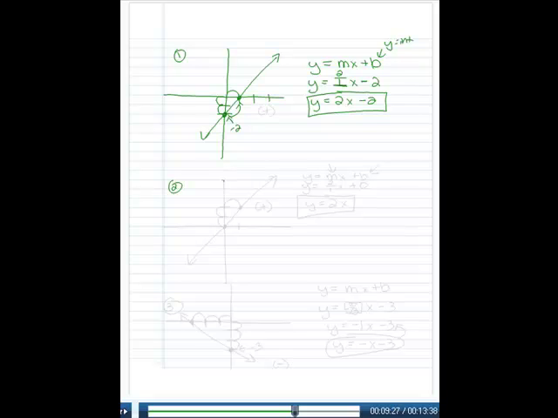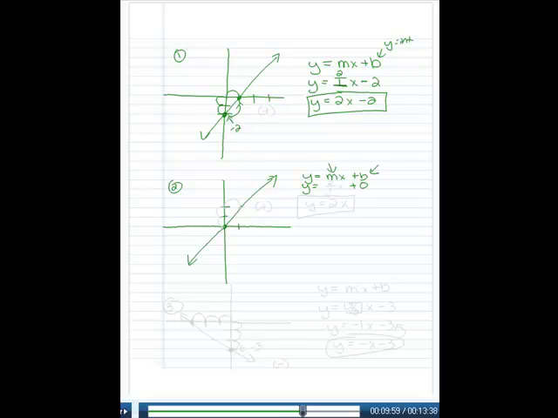Let's make up another one. So that was number 1. Let's look at number 2. So let's say this is my line. Again, I need those two pieces of information. What's the y-intercept and what's the slope? Let's start with the starting point. Where's my line crossing the y-axis? It's crossing right in the middle, which is the origin, which is 0.